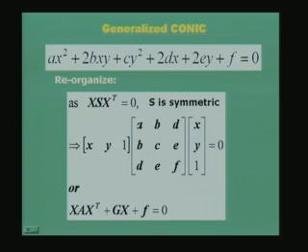Now it will again be a symmetric matrix, because the a, c, f terms will be 0. You will not have this factor f because it is coming out. So, I leave this again as a home exercise: write the expression with A, G, where the d and e terms will go into the matrix G, and f is this term f.